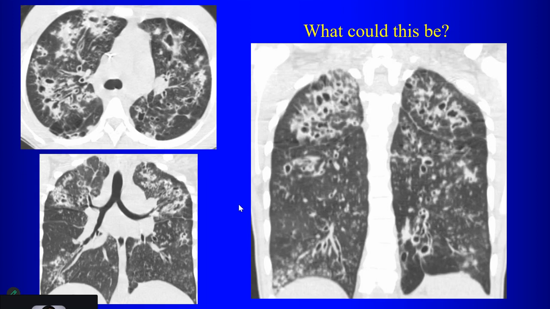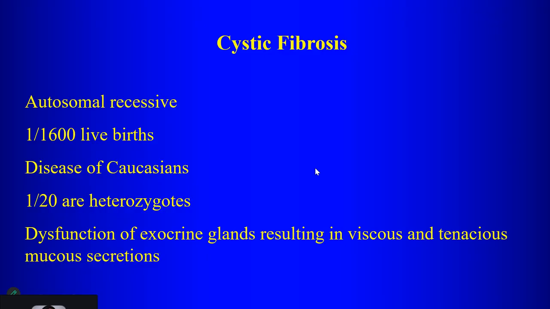So cystic fibrosis in young patients is a common cause of bronchiectasis. So we all know about it: autosomal recessive, dysfunction of exocrine glands, viscous, tenacious secretions, recurrent infections, especially Pseudomonas, results in the airway damage and the bronchiectasis.